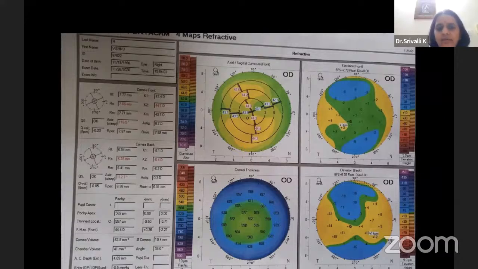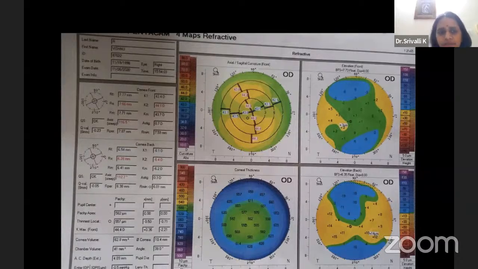You can say this is the quad map of the right eye of a so-and-so aged person. That will start telling you what you are looking at, because if it's a 10-year-old, a 30-year-old or a 50-year-old, the ectasias which happen, and the most likely diagnosis, will start coming into your mind. That gives you a clue as to the diagnosis, because age also comes into play. That was just a pointer, and the rest ma'am has beautifully explained.